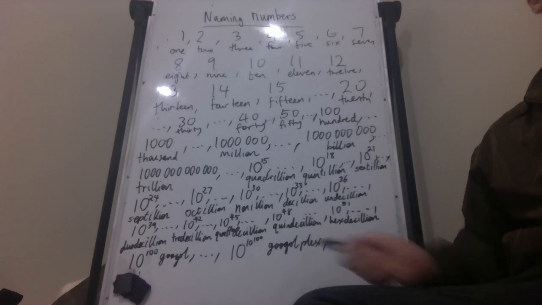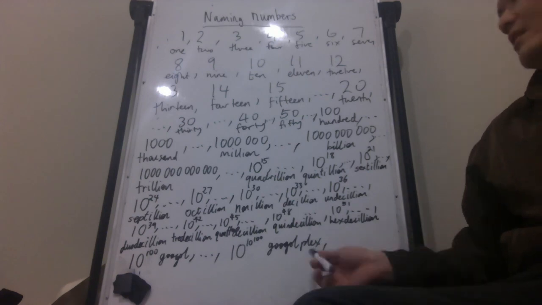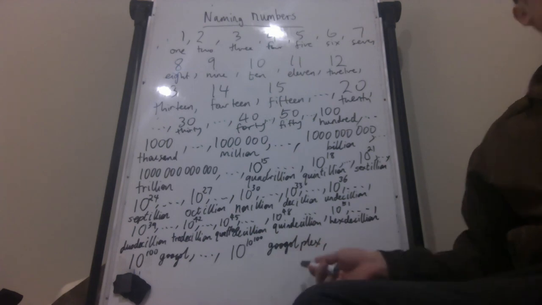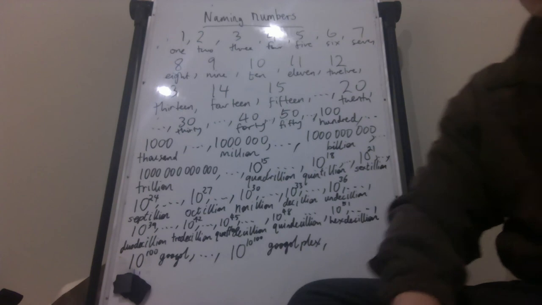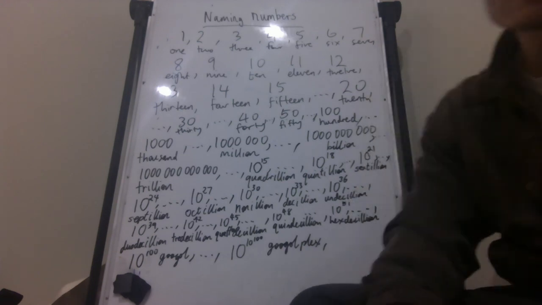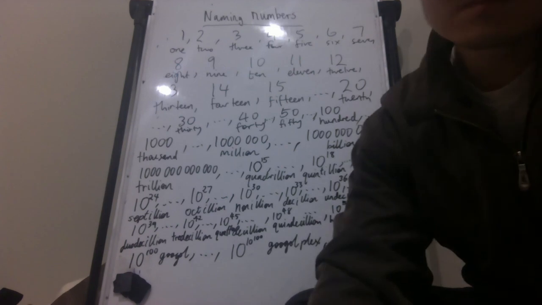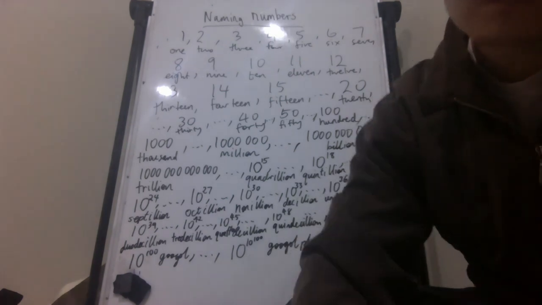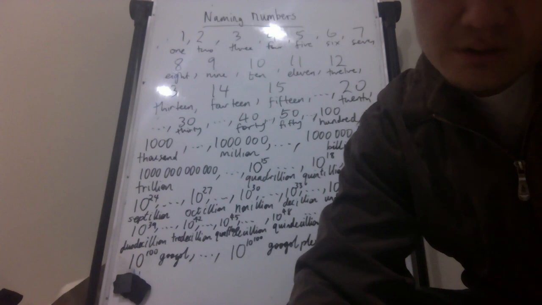If it has googolplex zeros, then it'd be called googolplexplex, or maybe there's another word for it. Or googolplex 2, googolplex 3, googolplex 4, and so on.